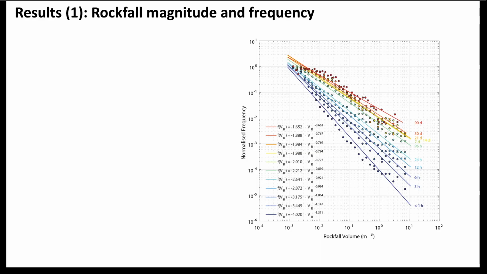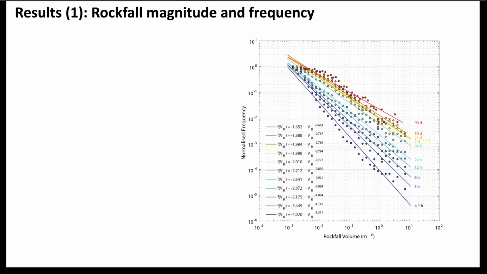So we can use the data that we've generated to ask some questions. The first thing I want to look at is rockfall magnitude frequency. This is a widely used technique from which you can derive the erosion rate on rock faces undergoing discrete changes, such as rockfalls. On the plot here, we've got rockfall volume on the x-axis on a log scale, and normalized frequency, sometimes some measure of probability, on the y-axis, again a log scale.